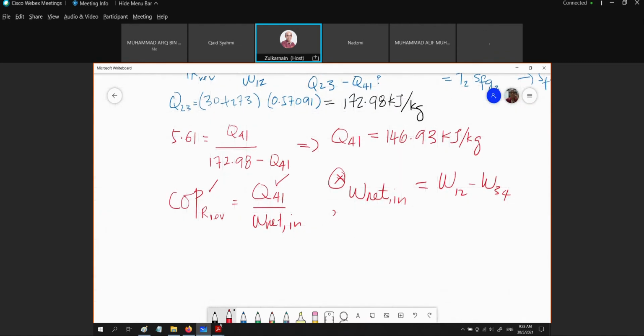So the W net in is equal to Q41 divided by the COP R ref.